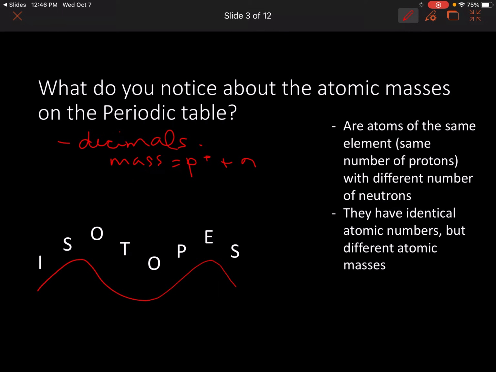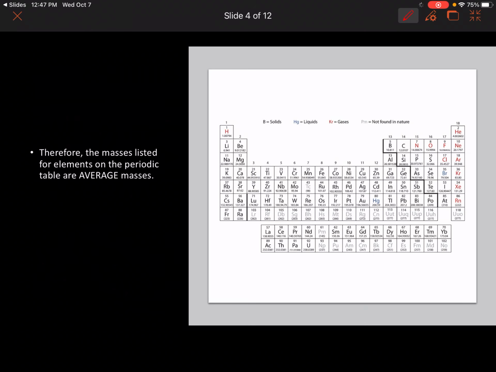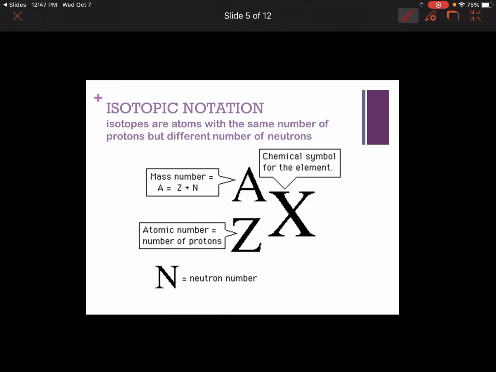That means they've got the same number of protons, but they have different numbers of neutrons. So they have identical atomic numbers, but different atomic masses. You can write down those 2 definitions there. Therefore, the masses listed for elements on the periodic table are averages. They're calculated averages of the mass, because we have different isotopes of different atoms, and we can use that to figure out what the average masses are.